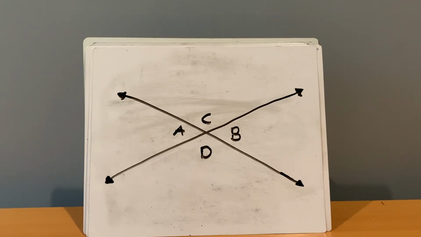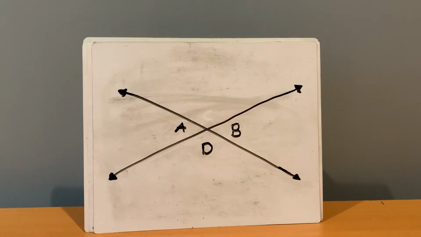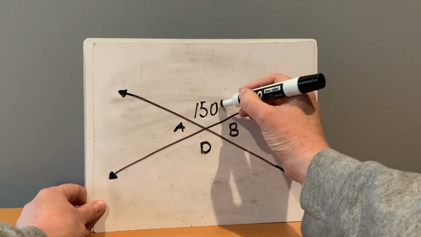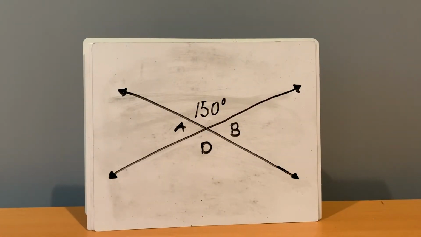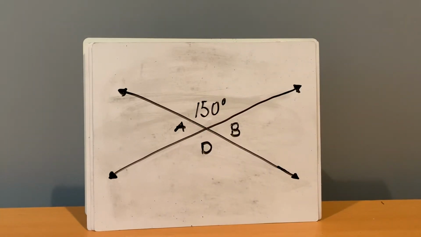It's easy to see why vertical angles are equal. So let's begin with angle C. Here, let me write this. Angle C is 150 degrees. If the 150 degree angle and angle A, so this angle and this angle, make a straight line or a straight angle.